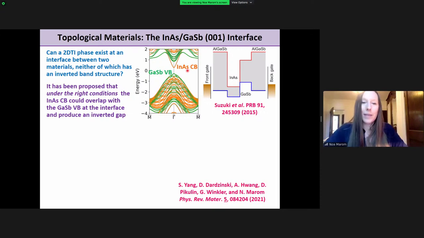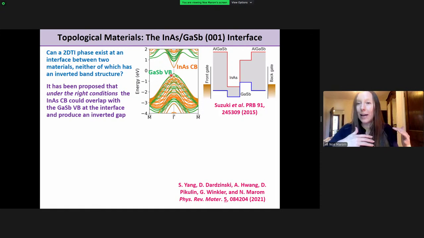So it has been proposed that under the right conditions, so at this interface, you can see that the top of the valence band is made of gallium antimonide states, and the bottom of the conduction band is made of indium arsenide states, because that's how the bands line up.